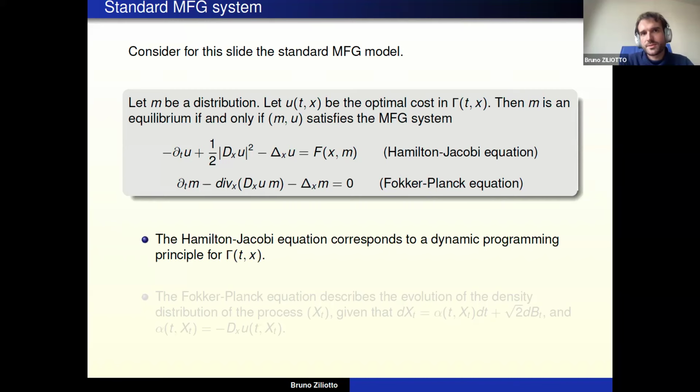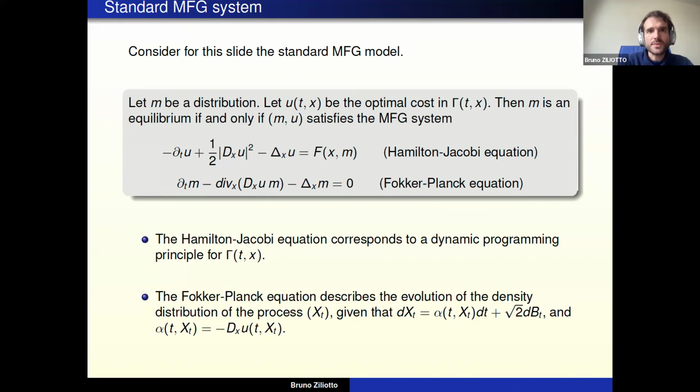So this is what I wrote here. There will still be two equations, but I will emphasize what is new.